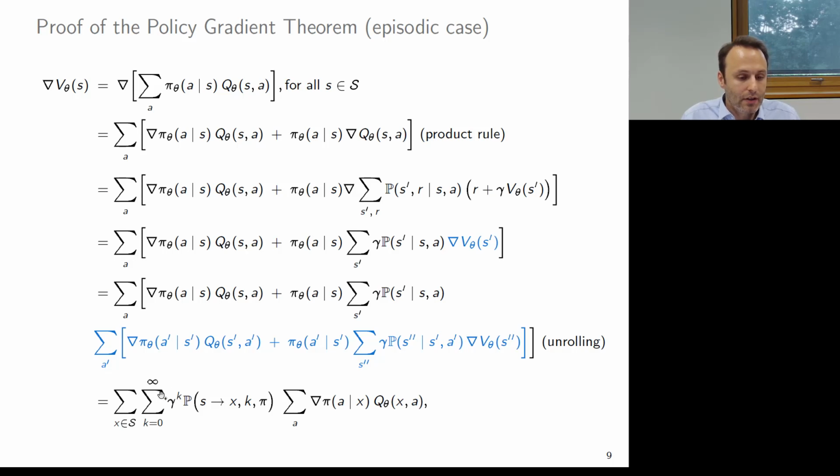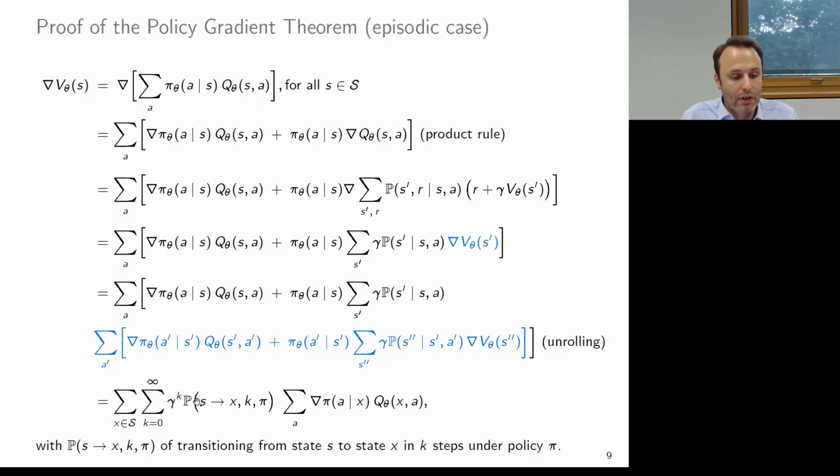But what is this term here in the beginning? This probability is just the probability of transitioning from state S to state X in k steps under the policy pi. And then we do this for all the states and all the steps.